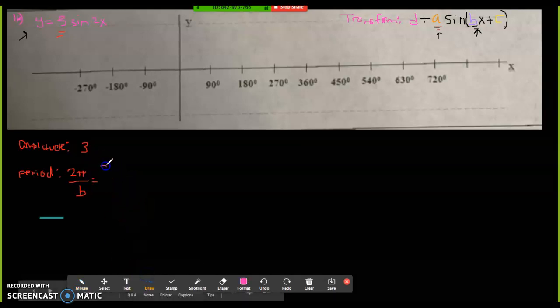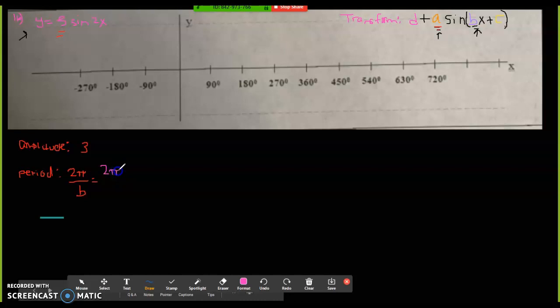Our b value corresponds with the number that's being multiplied in front of the x. In this trig function, our b value is 2, so we'll take 2 pi divided by 2. We find out that our period is pi. Period means how long it's going to take for the graph to do its thing.